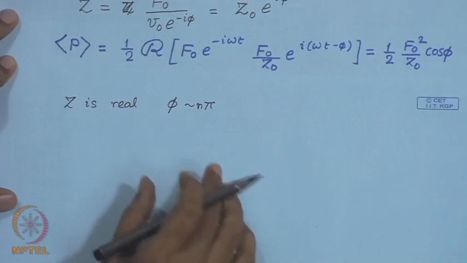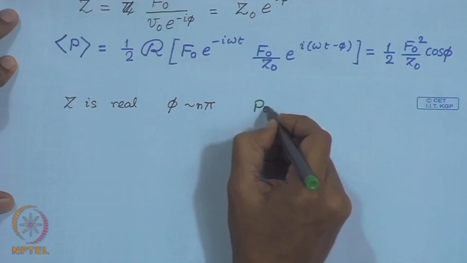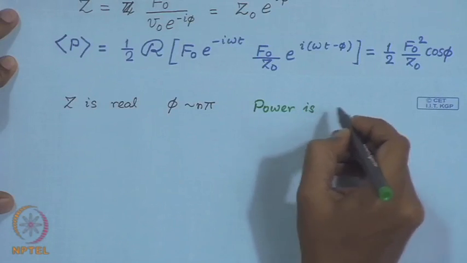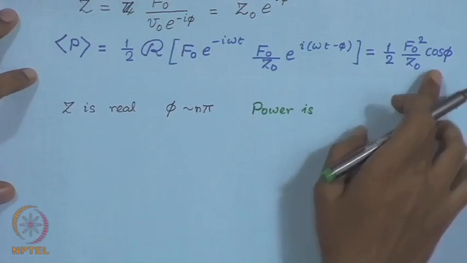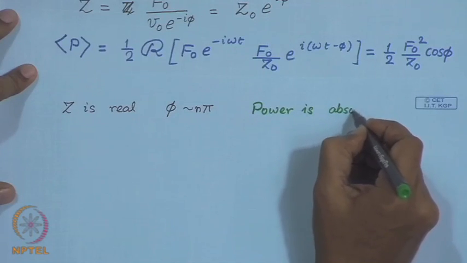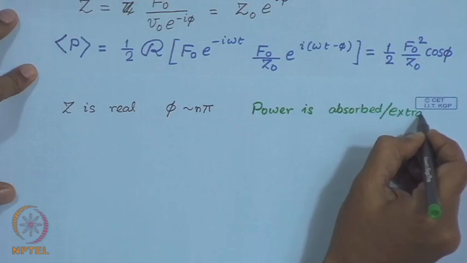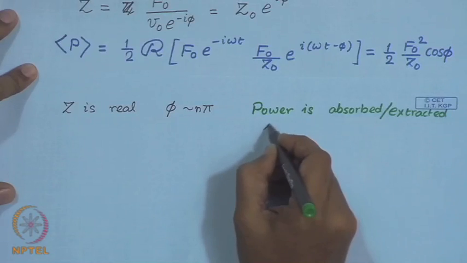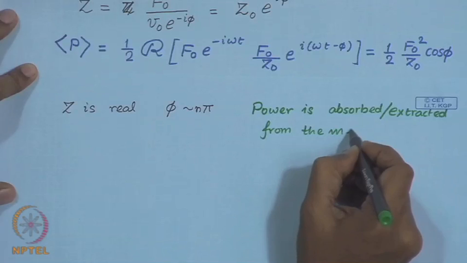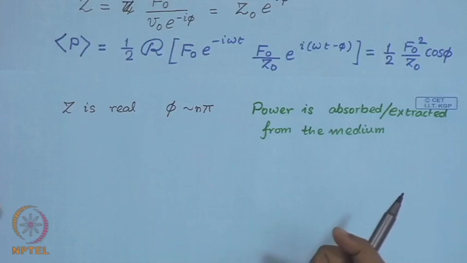So, depending on that sign, power is absorbed, or the expression of average power you can find out from here. So, cos phi, power is absorbed or extracted. When it is positive, the power is absorbed by the medium.